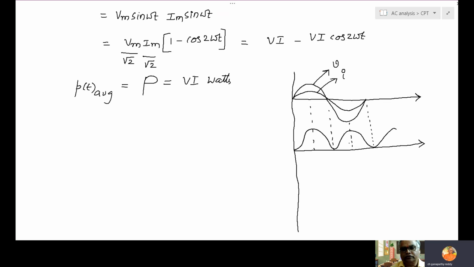Negative times negative is also positive. So this is positive, this is also positive. This is p(t). What is the average of this? The average of an always positive signal is not 0, no? So therefore, this is VI. That's the meaning.